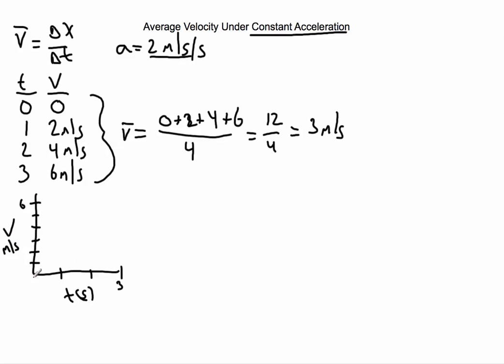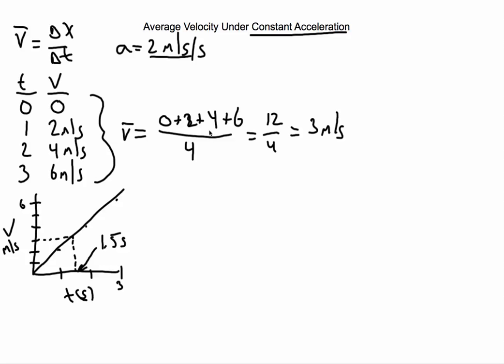So after 1 second it was going 2, after 2 seconds it was going 4, and after 3 seconds it was going 6, and that makes a nice straight line, very consistent with an acceleration that's constant. And we'll notice that this average velocity of 3 meters per second not only is halfway through the 0 to 6 velocity interval, but also occurs exactly at 1.5 seconds, or halfway through the interval time-wise.